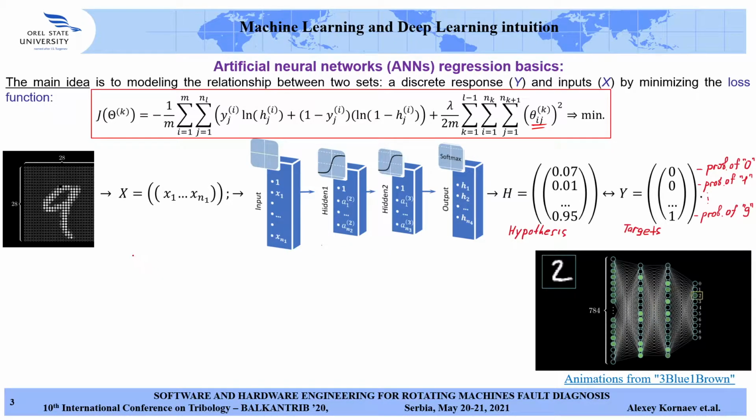The number of theta parameters in an artificial neural network is, definitely, much larger. And we can use many types of data when we study diagnosis problems: images, sequences of numbers or whatever, or even three-dimensional images, videos, and so on.